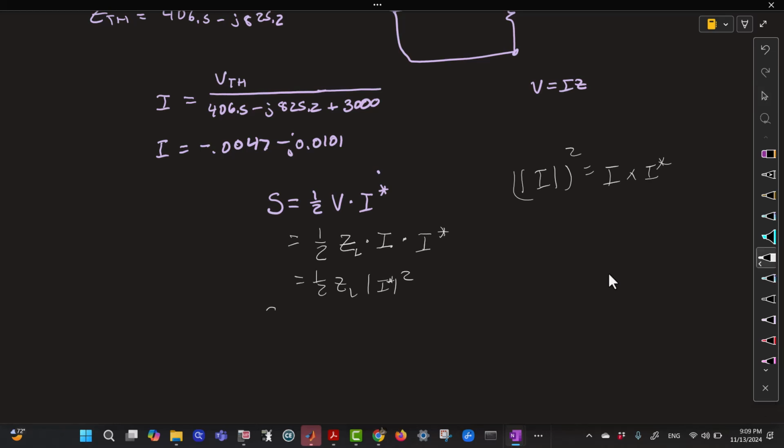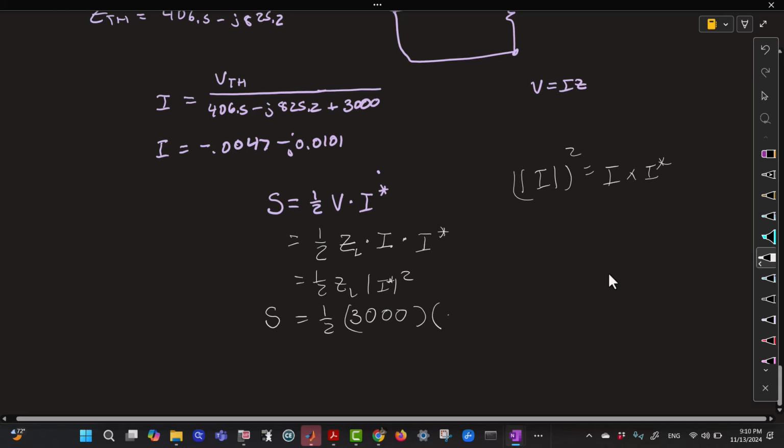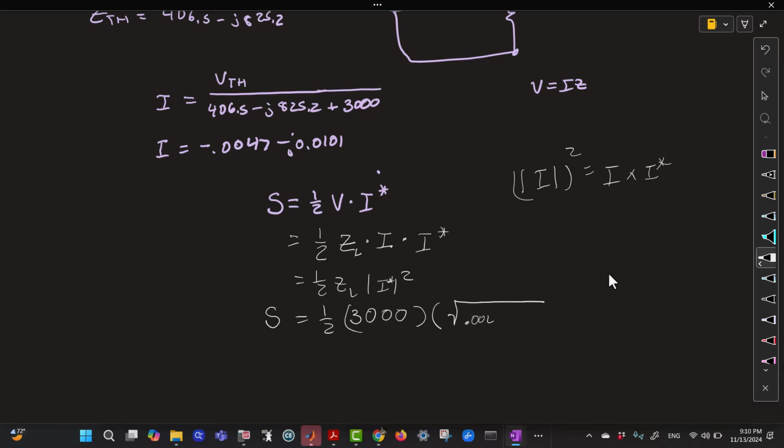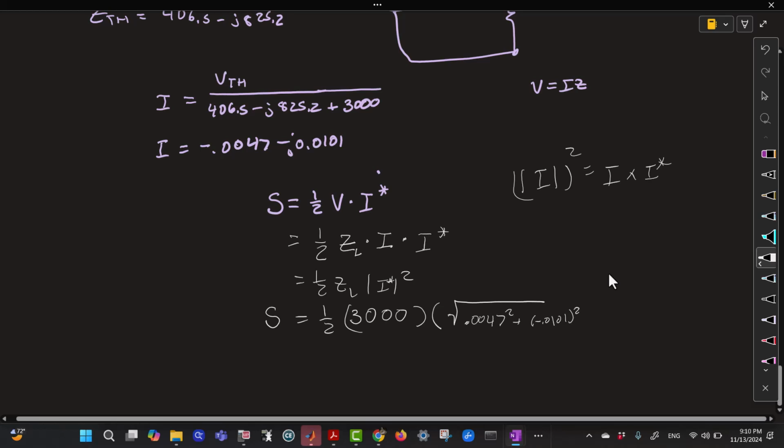So my total power is 1/2 ZL, now that's real, it's 3,000, and then the magnitude of the current squared, that's also going to be real, so that will be the square root of 0.0047 squared plus negative 0.0101 squared, and that whole thing squared.